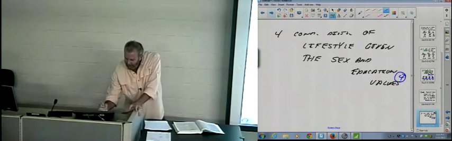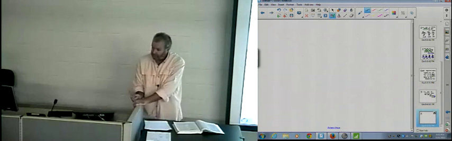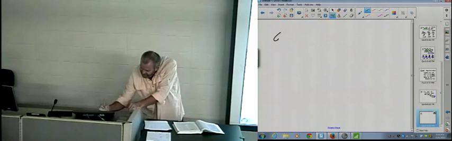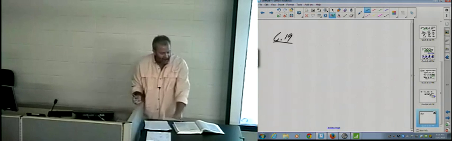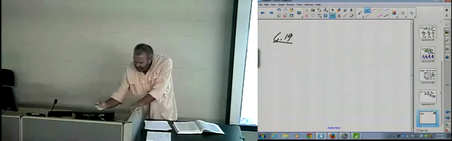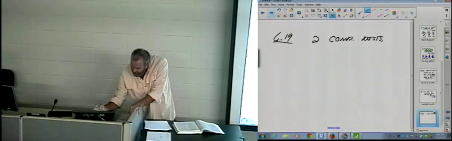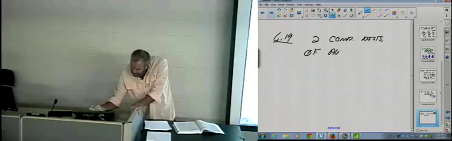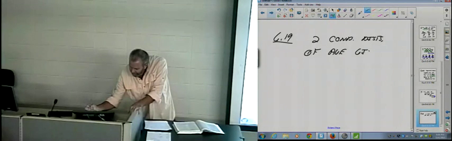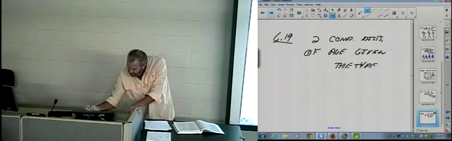Now, you know I'm not going to do this by hand. So in 619, I understand the way they're saying it. I want the two conditional distributions of age given the type of injury.